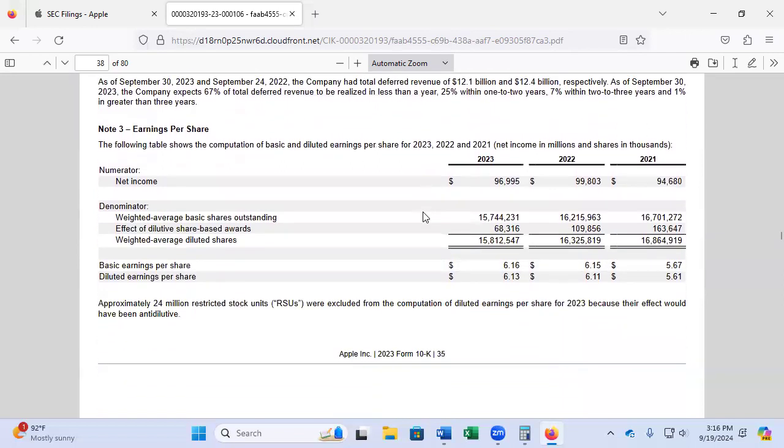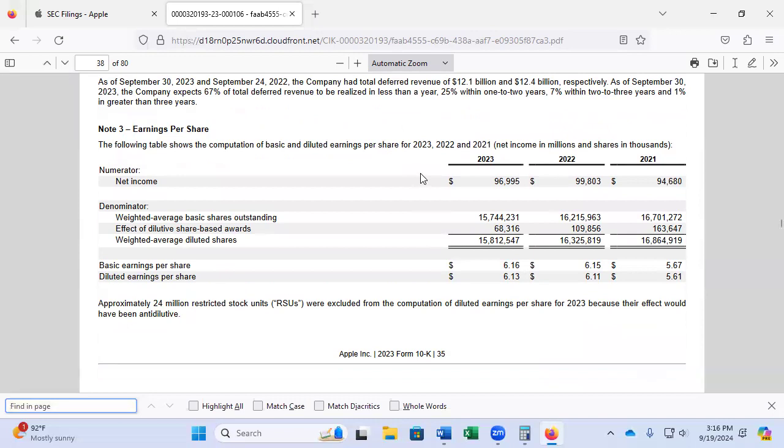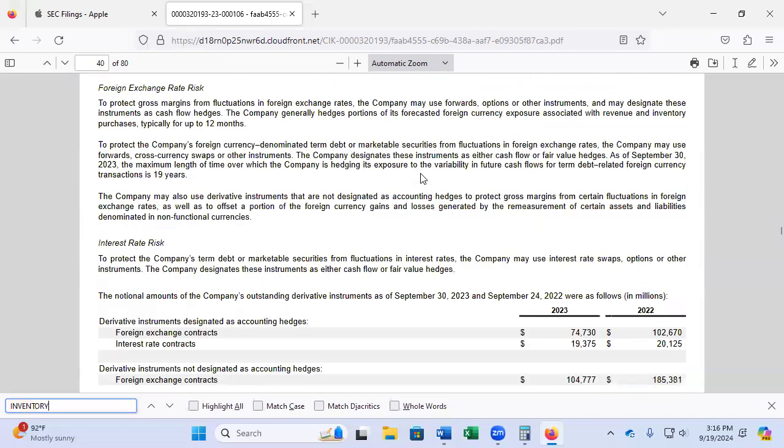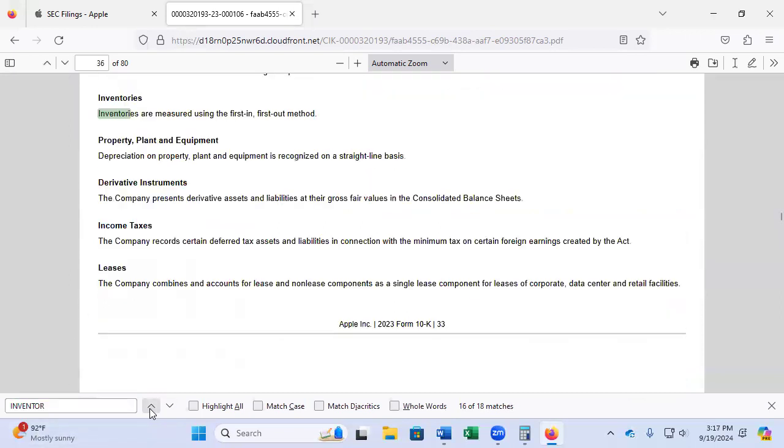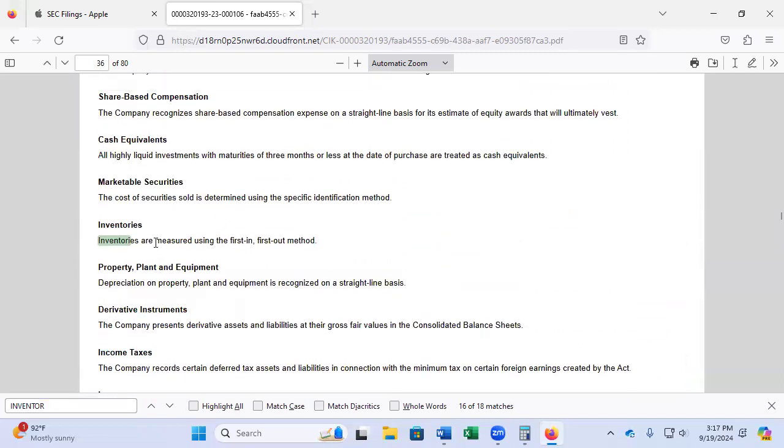Sales. All right, so I got to look for it. So this is all they give you here.